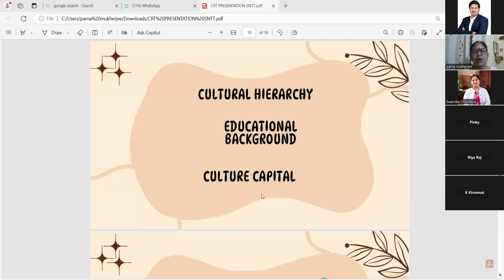Now, the last topic, cultural capital. This is where I'm talking about international students. A child who was in India shifts to America, or the Indians who were in the US are turning back to India.